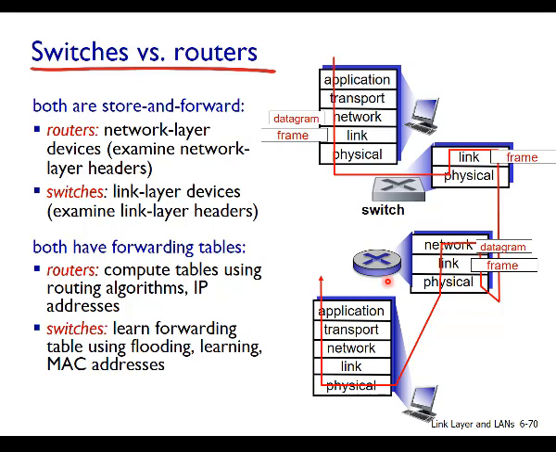Both routers and switches have forwarding tables. Routers compute these forwarding tables using routing algorithms and IP addresses. Switches, on the other hand, learn the forwarding table using flooding, self-learning, and MAC addresses.